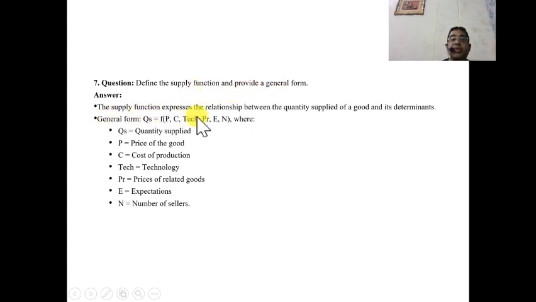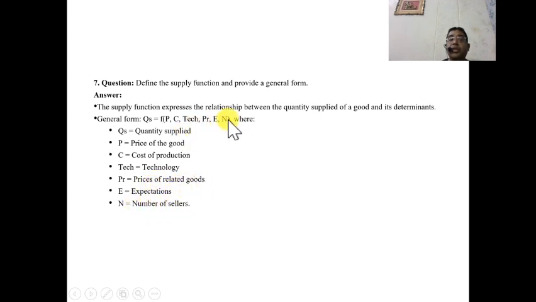Seventh question, define the supply function and provide a general form. The supply function expresses the relationship between the quantity supplied of a good and its determinants. The general form is this: Qs is the supply quantity which is related with this function of P, C, T, P-related, E, N. Price of goods, cost of production, technology, price of related goods, expectation, number of sellers.